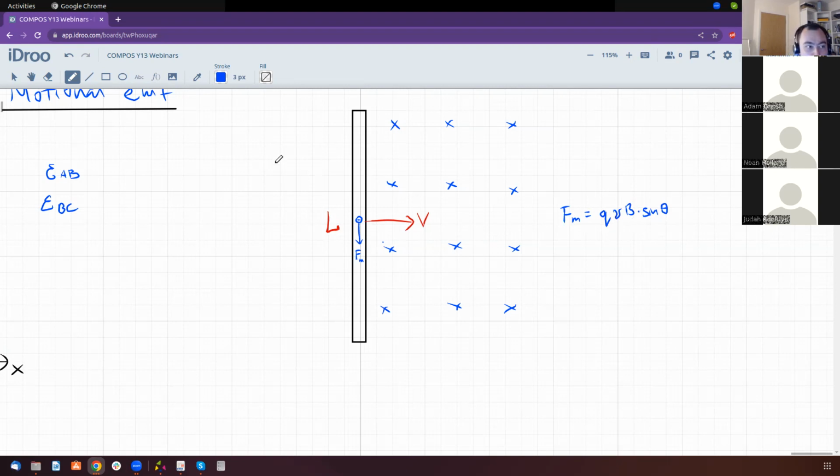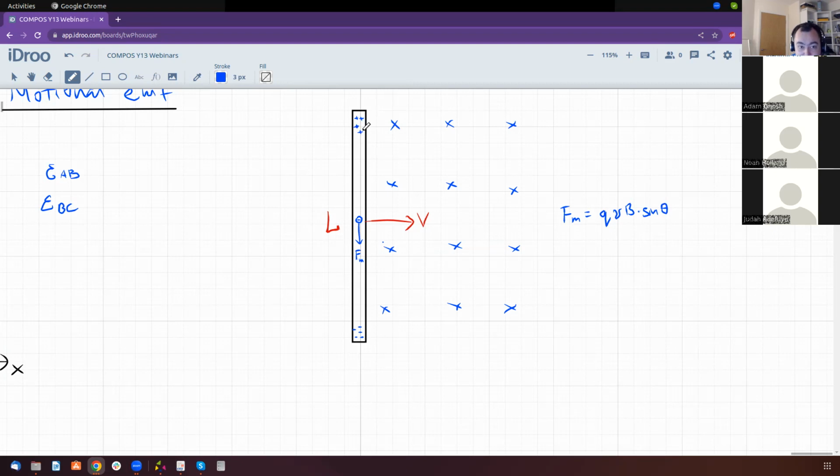Right, but what happens then? Because the electrons are pushed down, the bottom part of the wire becomes negatively charged, and the top becomes positively charged because electrons have left.